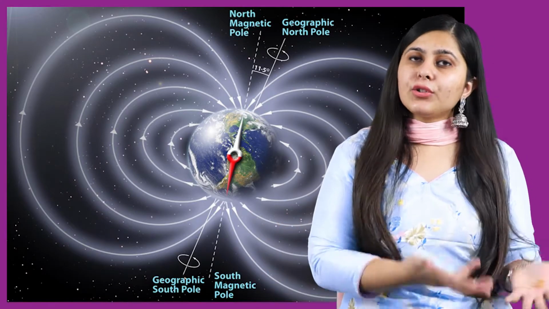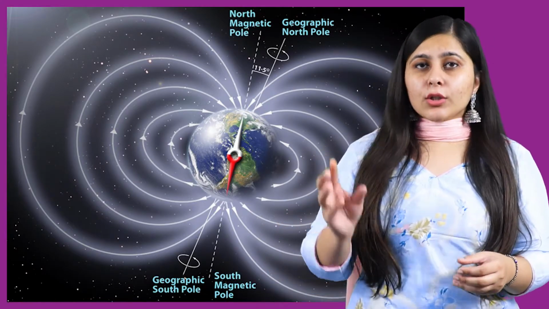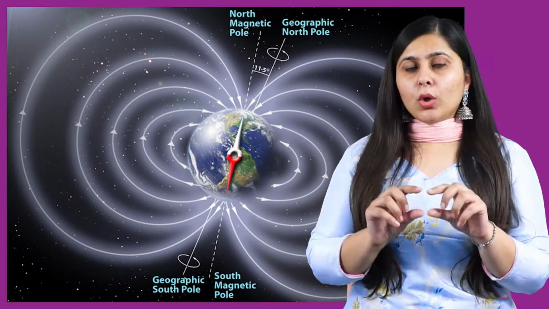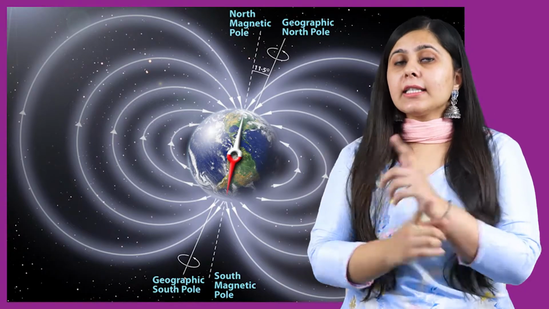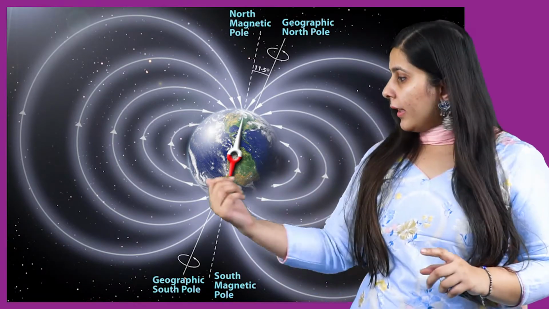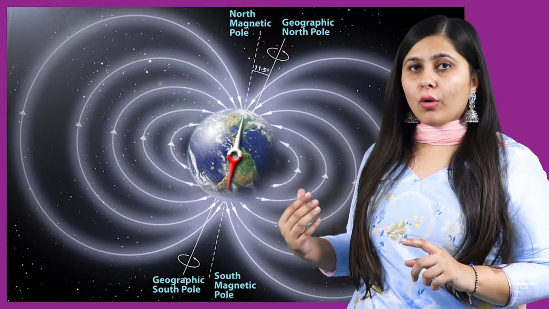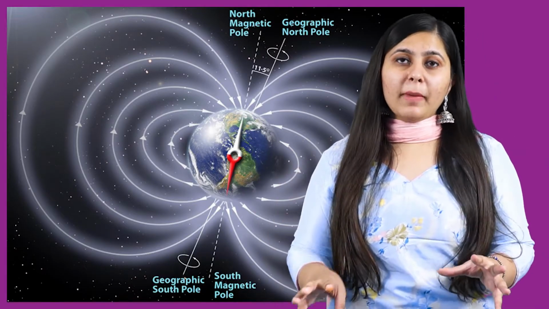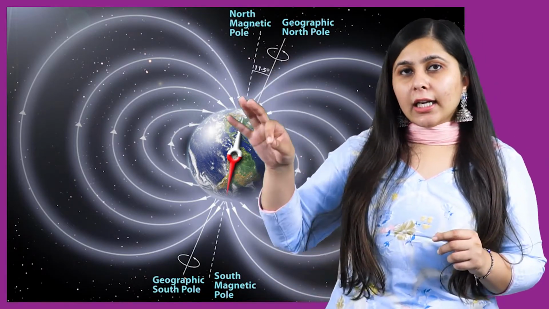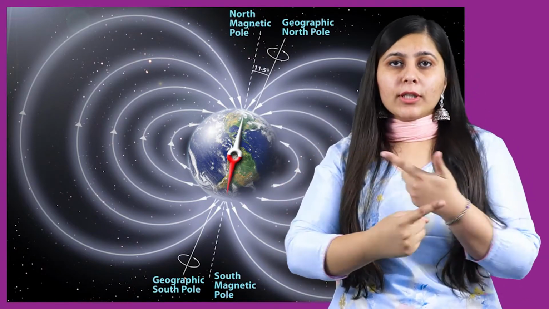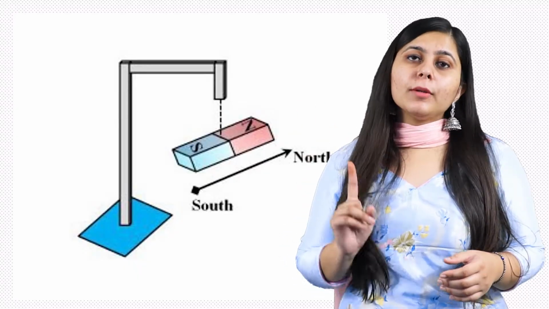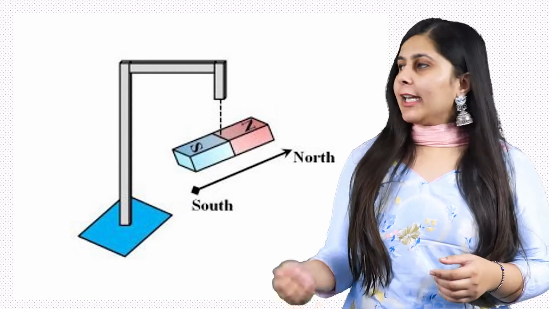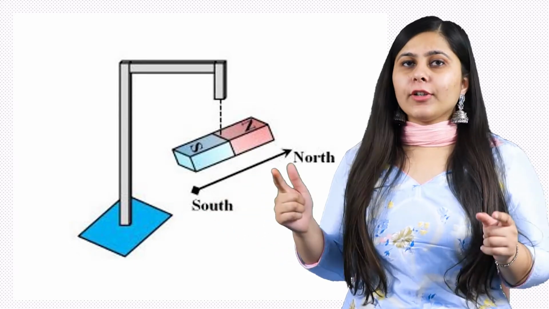Obviously we studied this just now in the starting of the chapter. Lodestone is a natural magnet and it might be aligned in south to north direction, right? So obviously if any artificial magnet on the earth's surface is aligned, it aligns in the opposite direction. And what is the opposite direction to south-north? Obviously north-south. So the first fact about the magnet that we are studying is that it always aligns itself in the north-south direction.